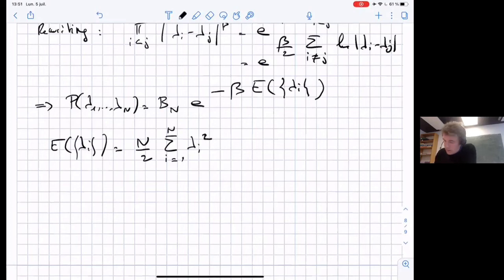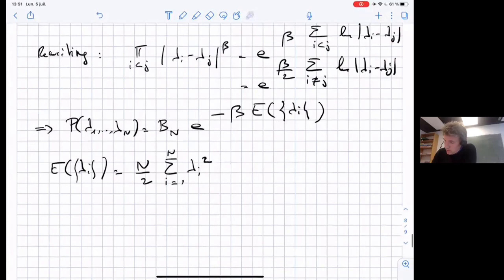And now the interacting term, the interaction term, is just minus half of the sum of logs. So that's your interaction energy.